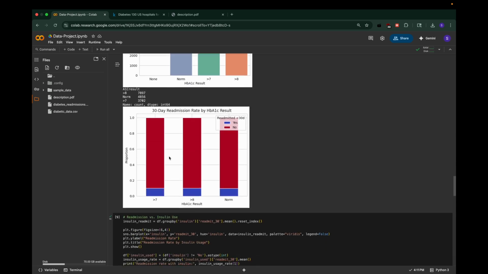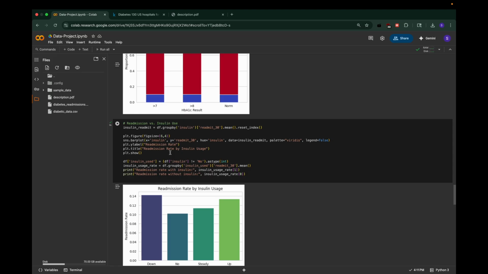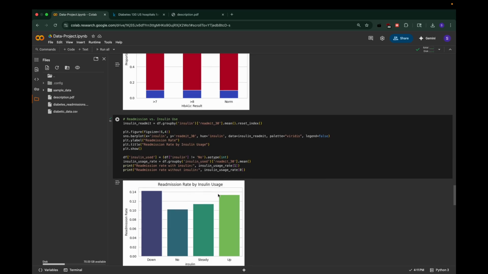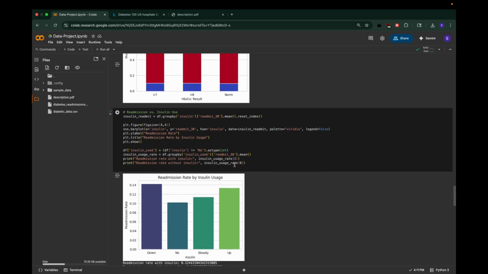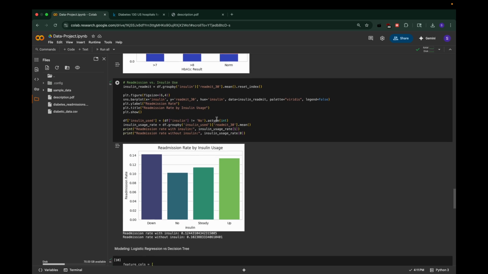Then I moved on to checking the readmission rates for insulin. I was trying to analyze the relationship between insulin use and the 30-day hospital readmission rates for diabetes. I grouped the dataset by the insulin use category and calculated the mean readmission rates for each group.